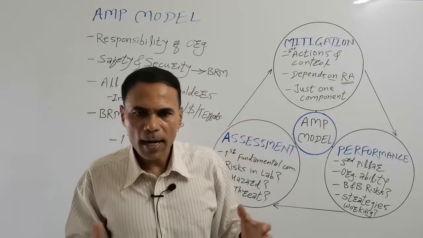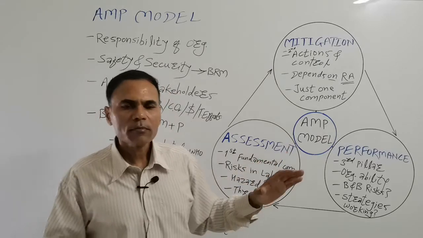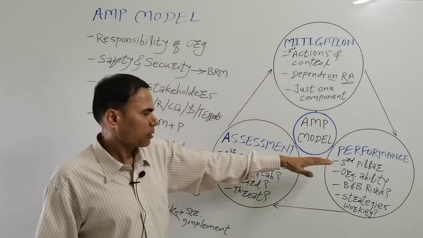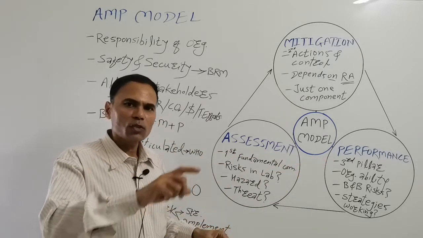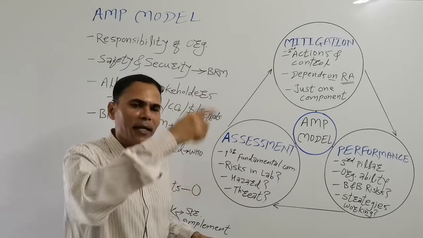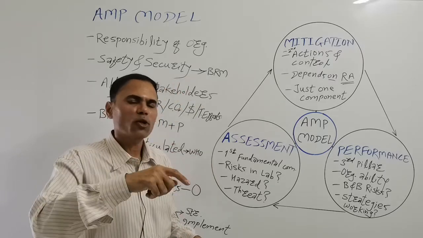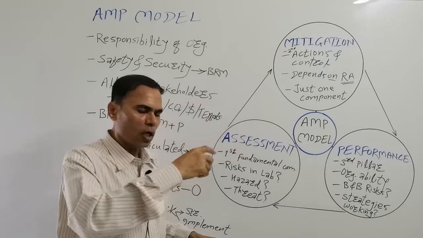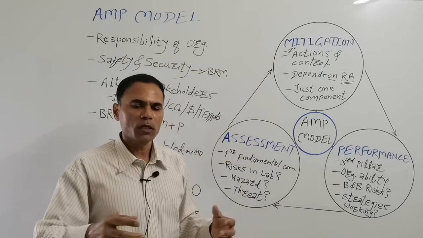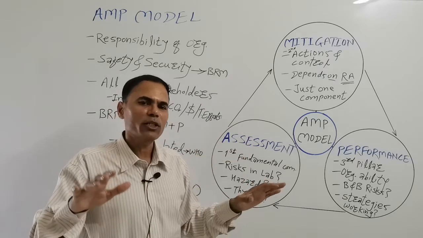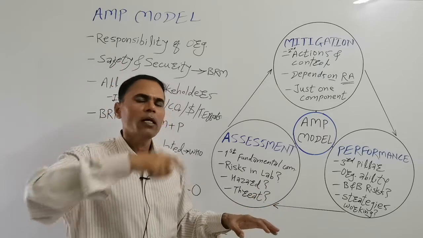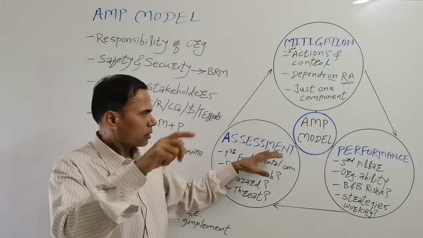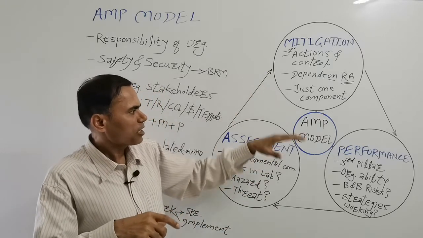Okay, so to summarize this AMP model, AMP stands for assessment, mitigation and performance, and this needs to be repeated again and again. It depends on the project, depends on the organization, depends on the risk level. So if there is not much risk in that organization and everything is going smoothly, then maybe annually the risk assessment can be done, using this assessment, mitigation and performance.